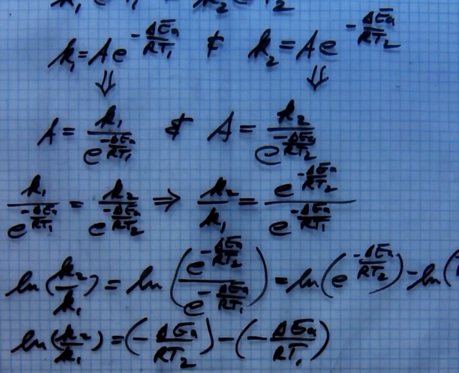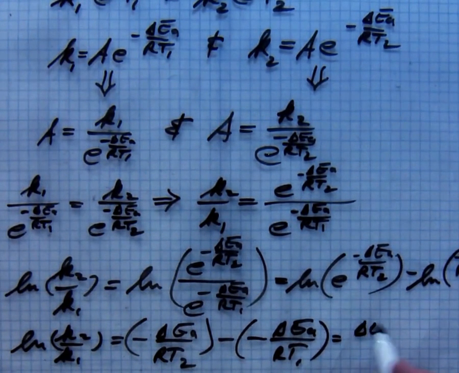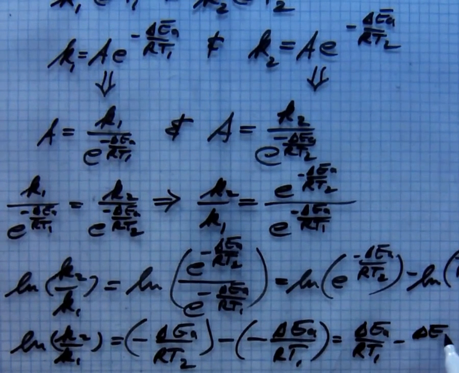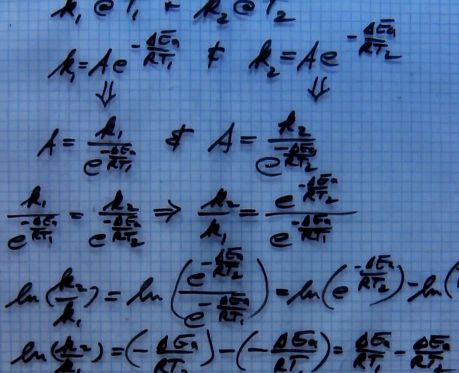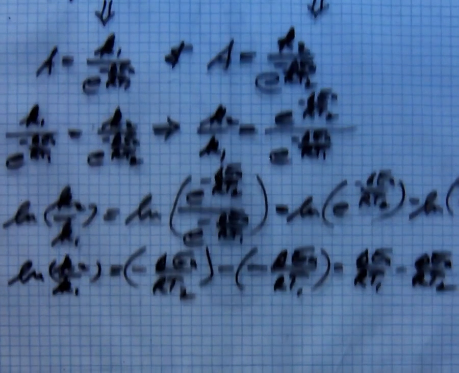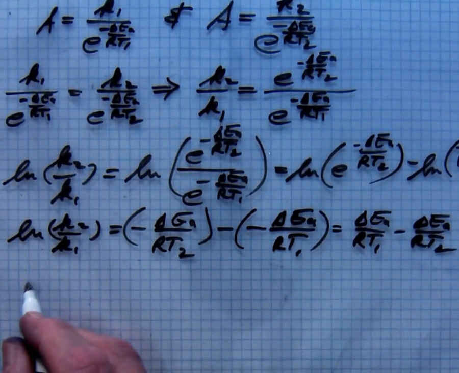Rearranging this expression so that we have the positive listed first, it's delta E sub A over RT1 minus delta E sub A over RT2. So now we factor out the delta E sub A over R, and we get the final form of the Arrhenius equation.